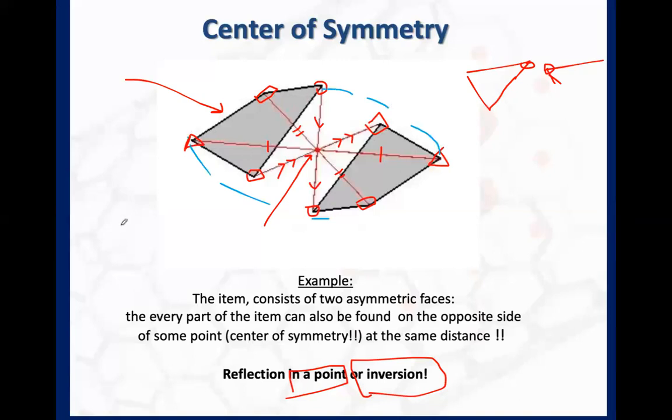So you have one face here and another face exactly similar but in the opposite direction. In 3 dimensions, this can be a symmetric object, but the symmetry is over this point. So this is what you call the inversion.